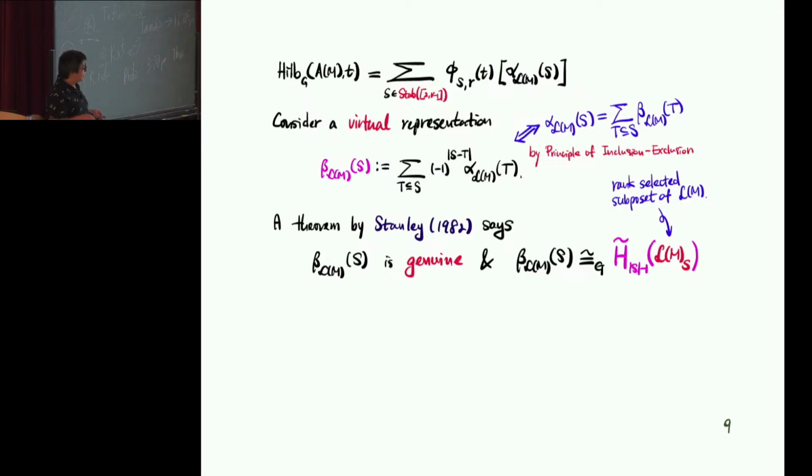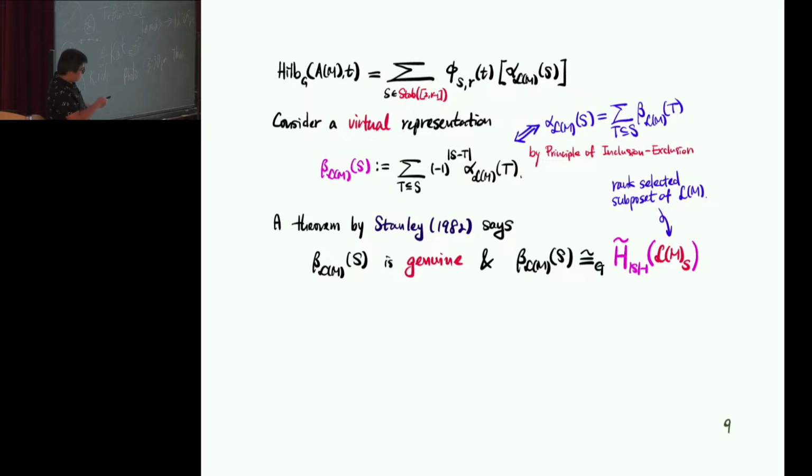So this is a rank-selected subposet of L_m. This just means you're looking at your lattice of flats, you preserve the top and the bottom element, and you remove all of the layers whose ranks are not in S.